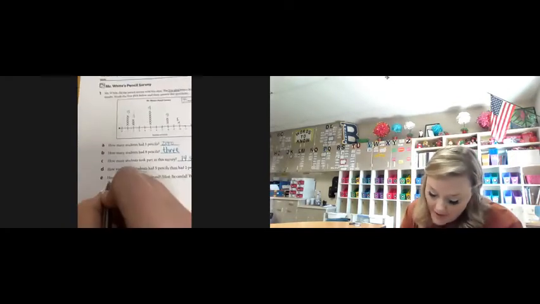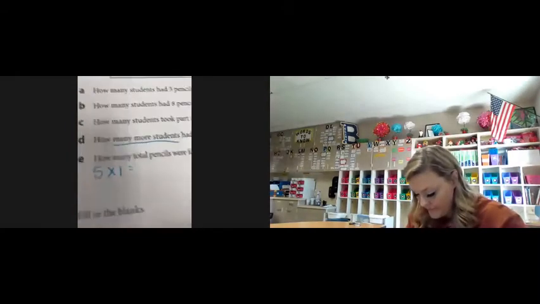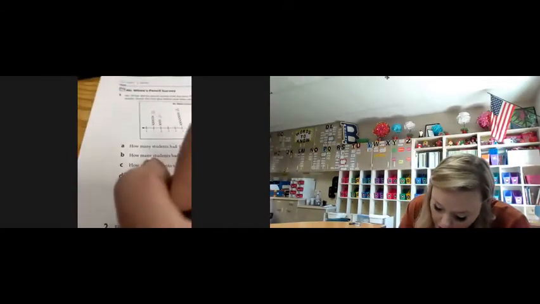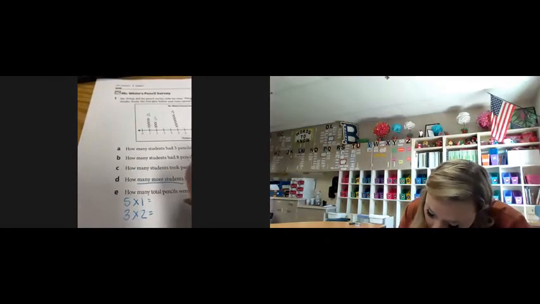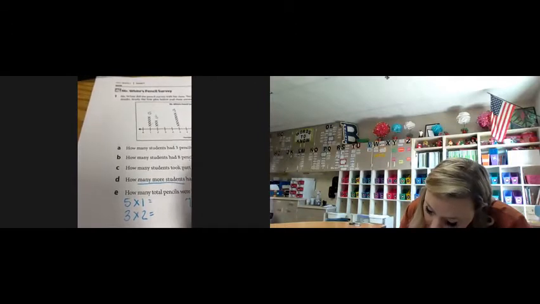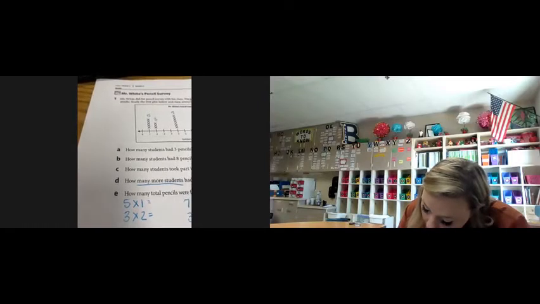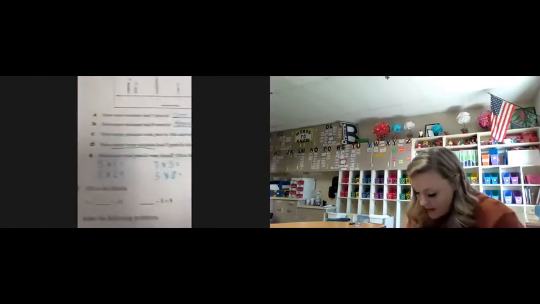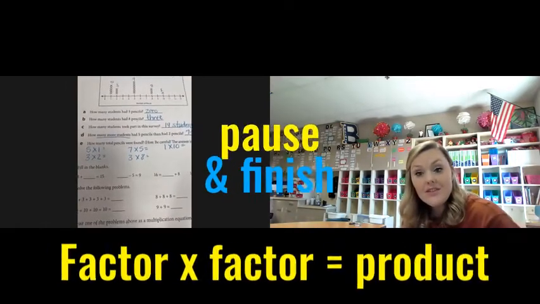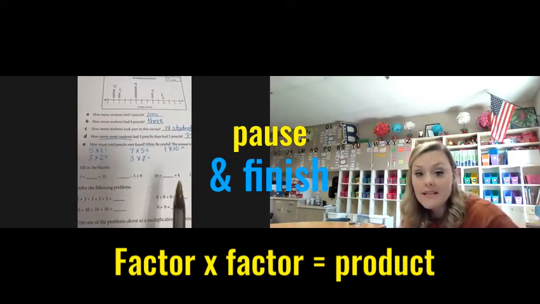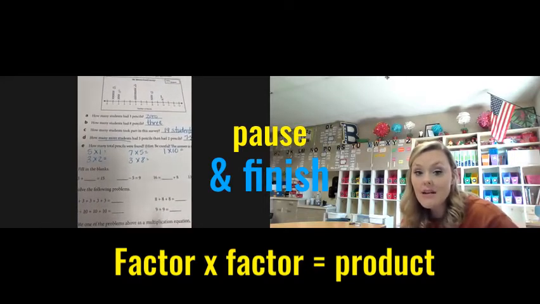So I'm going to write these out. 5 groups of 1, 3 groups of 2, 7 groups of 5, 3 groups of 8, and 1 group of 10. So now I have these multiplication facts. When you write these out, go ahead and solve these. When you find the products of each equation, then you're going to add all the products together.